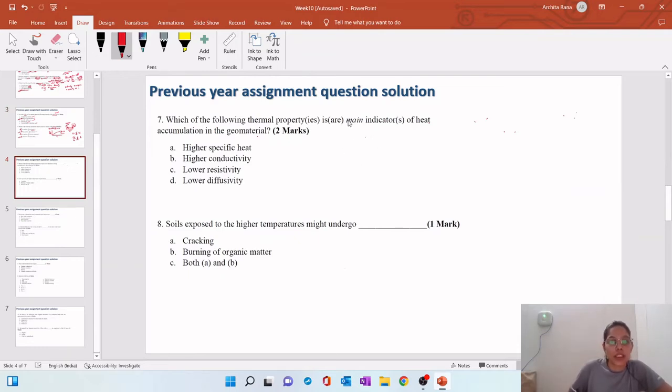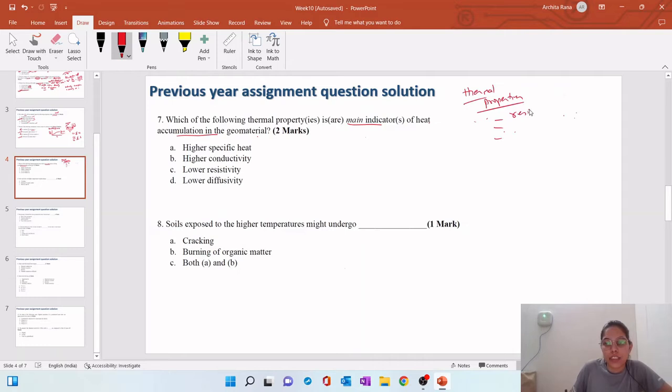Now the question is about which of the following thermal properties are the main indicators of heat accumulation in a geomaterial. When we discuss thermal properties, there are three which we discuss.